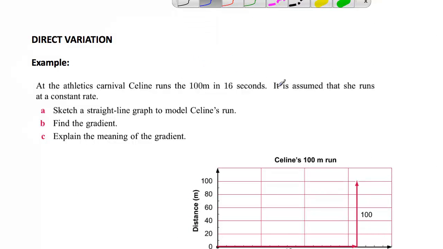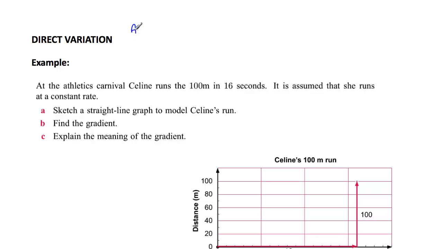Gradient and intercept of line graphs have a lot of meaning in practical situations. In this section, we're going to have a look at some of these practical applications. One of the things I want you to have a look at is this sentence, and I'll get you to write it down.